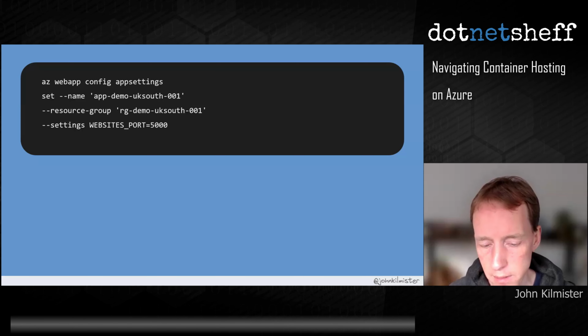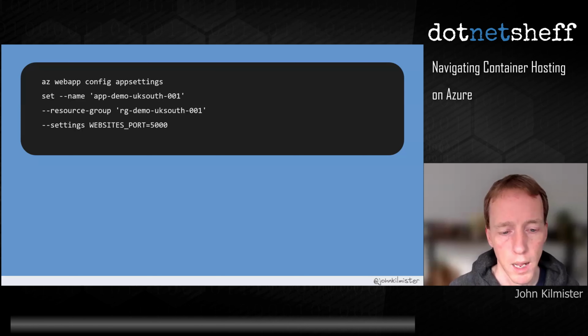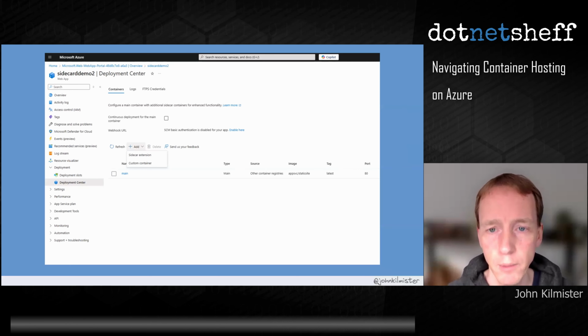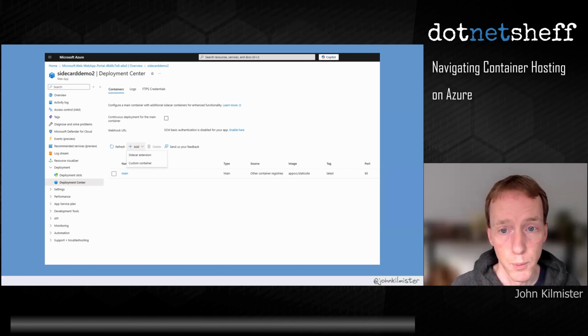Now, with app service plans, we might want to run additional containers on that same compute, and that's often known as a sidecar pattern. And they had originally in preview supported compose files for doing this. However, a couple of weeks ago, they changed that, and they are actually bringing, well, you can try it now, sidecar support directly to the web apps.